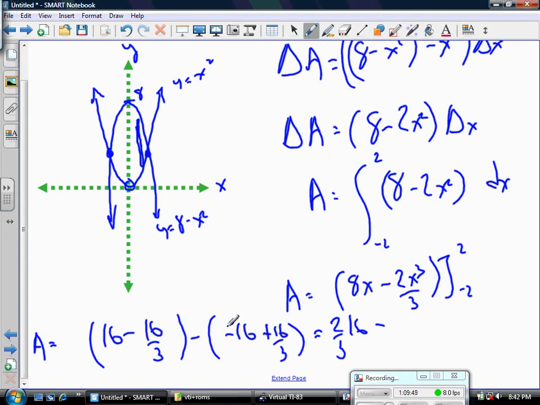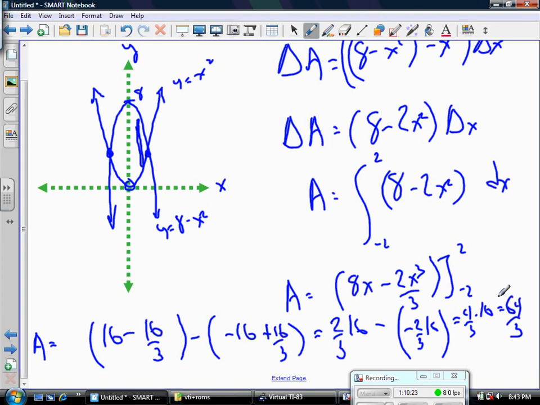This is 16 thirds minus 16. All I changed was the sign. So I get minus a negative 2/3 of 16. How do you subtract the negative? You add a positive. What's 2/3 of stuff plus 2/3 of stuff? 4/3 of stuff. What's 4 times 16? 64 thirds square inches or something, whatever the units are.